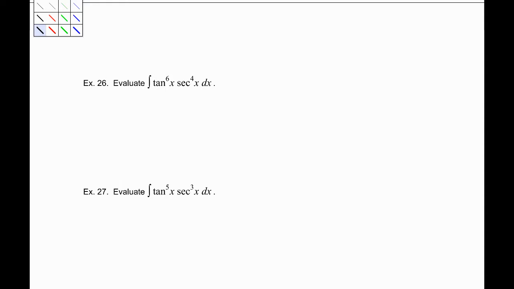I have a tangent to the sixth, secant to the fourth. It seems I have a pair of twos here, so I'm going to rewrite this as the integral of tangent to the sixth x, secant squared x, times secant squared x. One of those is going to become 1 plus tangent squared x.